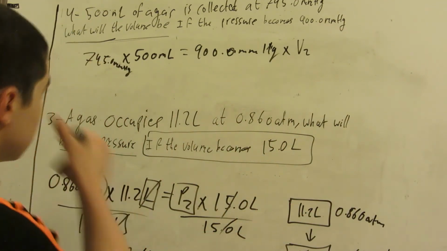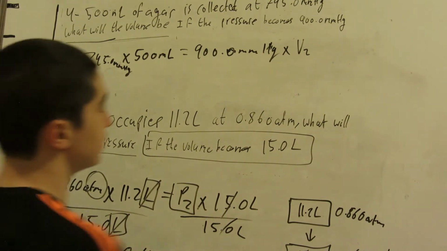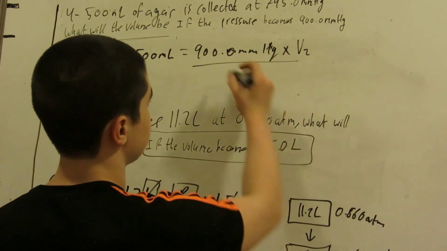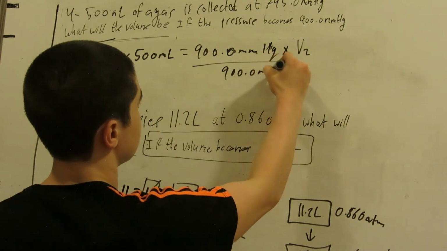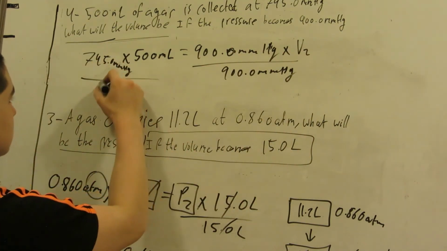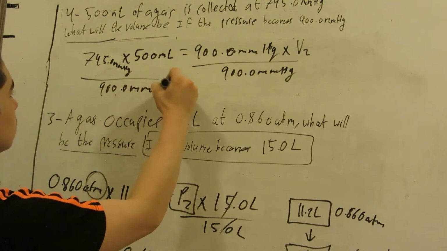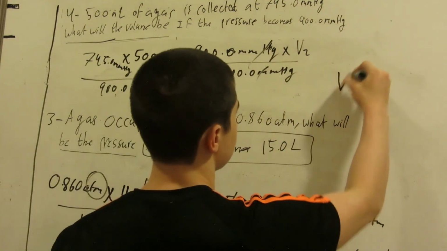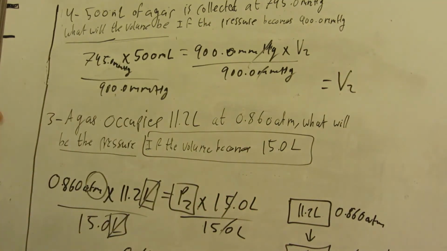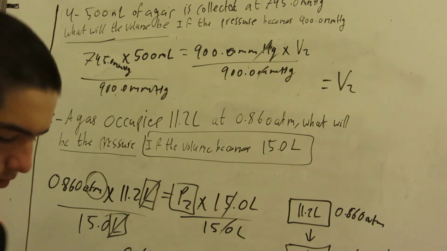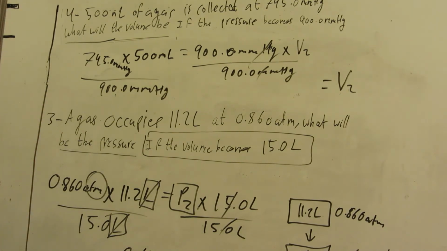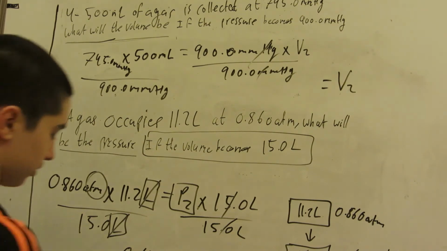Alright, great. When we start solving right now, we need to leave V2 on its own side. We're going to do that algebraically by dividing by 900 millimeters of mercury on both sides. What we're going to notice here is that we're going to have the answer. V2 will equal, let's do the math on the calculator. 745.0 multiplied by 500 divided by 900.0.